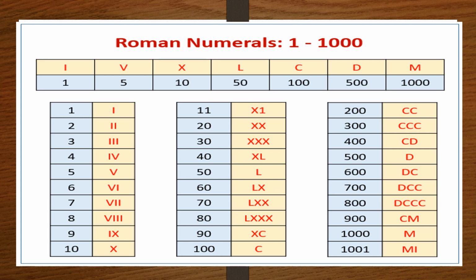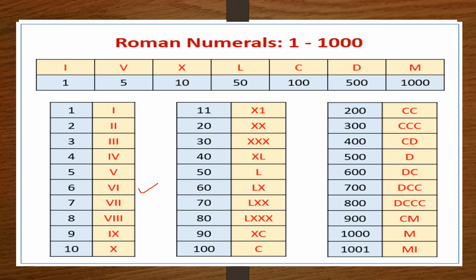In your school, your classroom is also written in Roman numerals. Like if you are in 6th standard, then the symbol outside your classroom is this: VI. V for 5 and I is 1. So 5 plus 1 is 6.